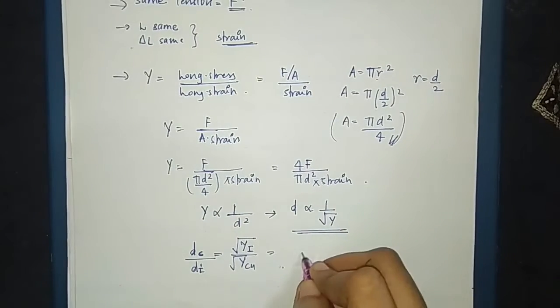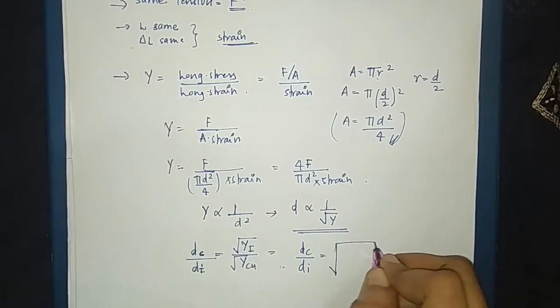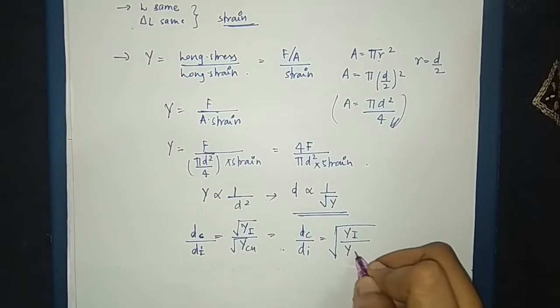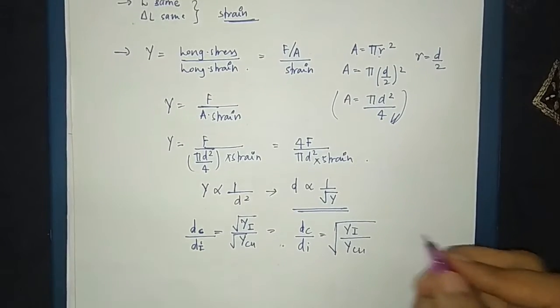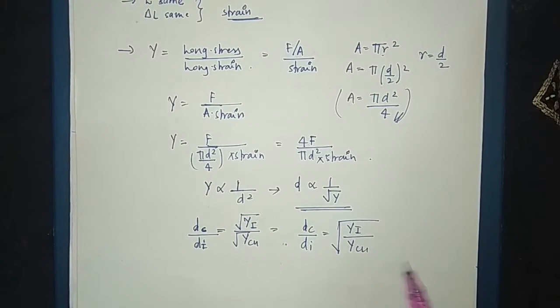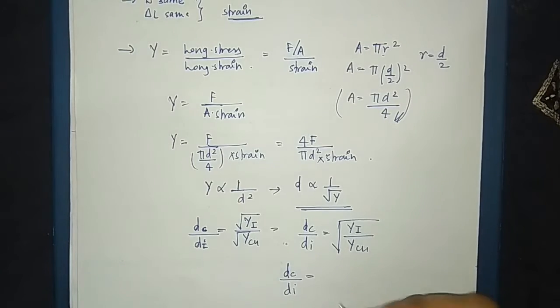So the ratio of diameter of copper to that of iron can be written as square root of Young's modulus of iron to that of copper. The Young's modulus values of iron as well as copper are given in the table in the NCERT book, so you can refer to it.